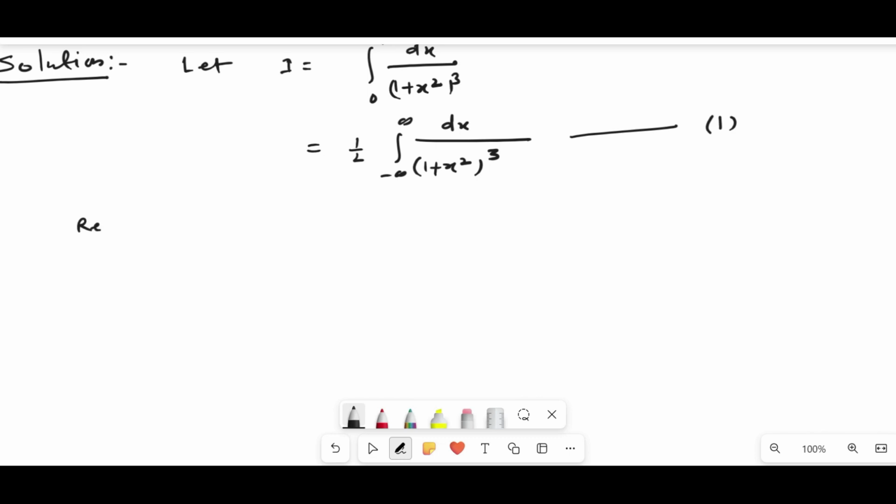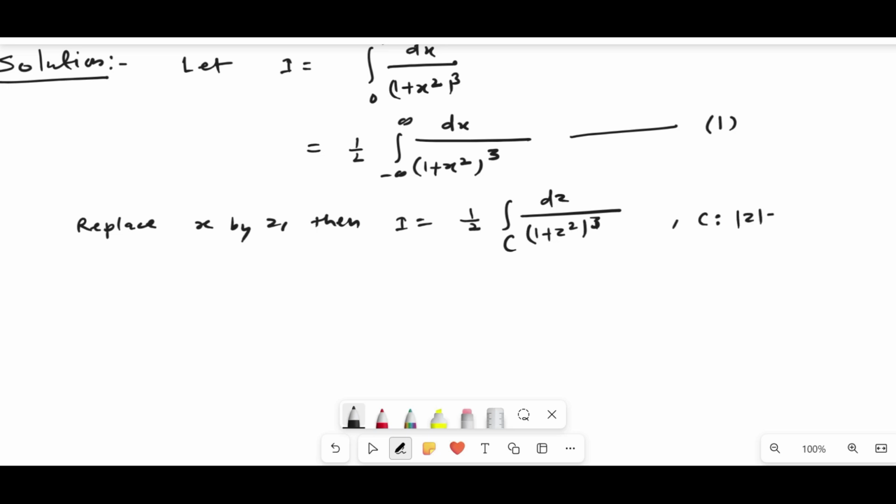Further we need to replace x by z. Then the integral I will be 1 by 2 times, and this negative infinity to infinity will change into the contour integral, that is dz over (1 plus z squared) to the whole power 3, where the contour C is mod of z equal to r.